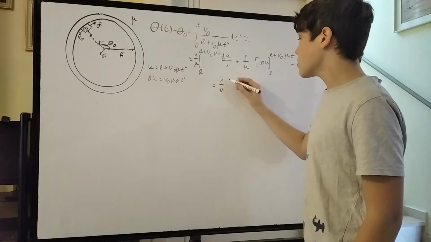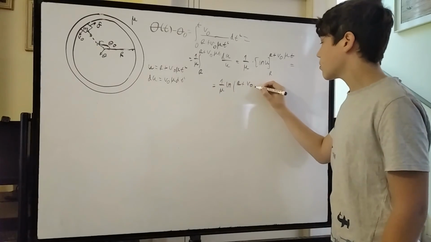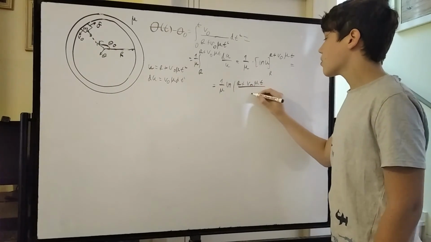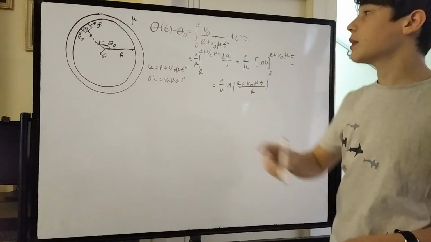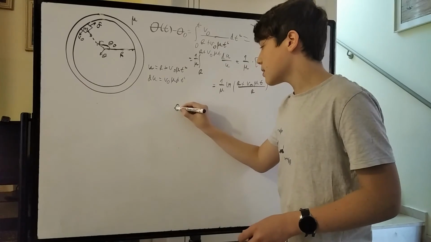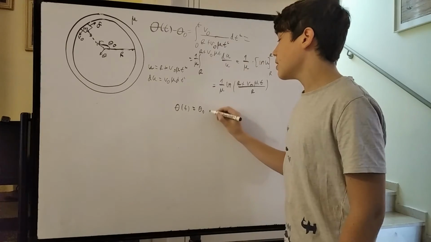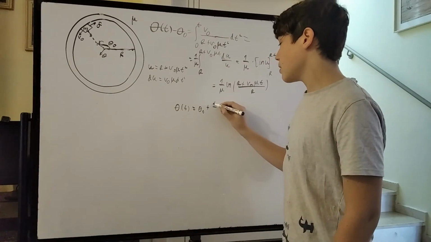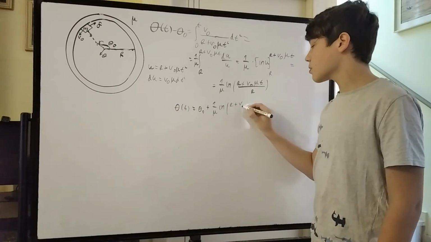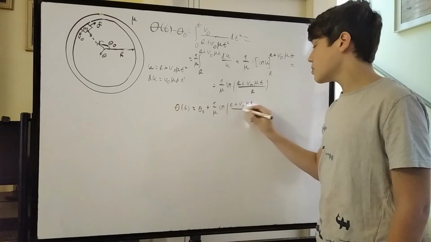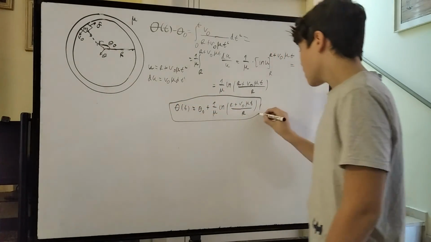So this is 1 over mu times natural log of r plus v0 mu t over r. And then finally we'll add theta 0 to get that the angle with respect to time is equal to the initial angle theta 0 plus 1 over mu times natural log of r plus v0 mu t over r. And that's our final answer.